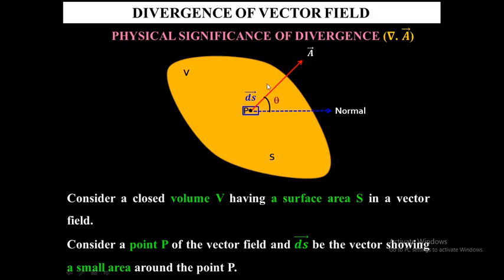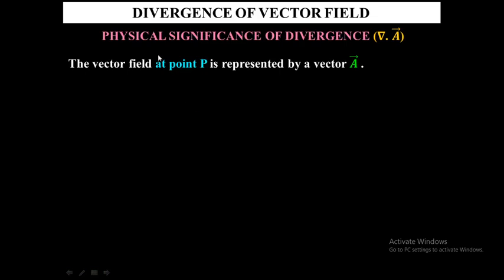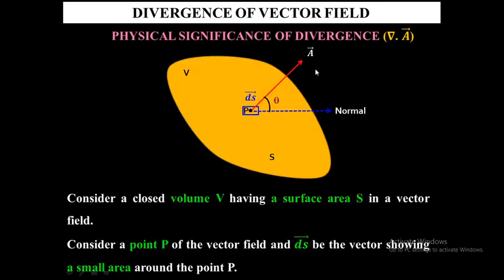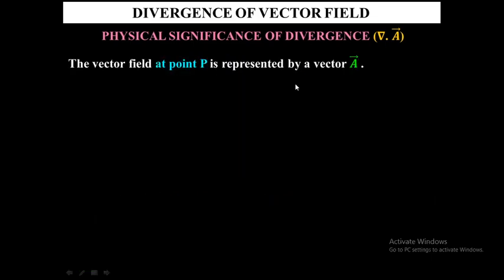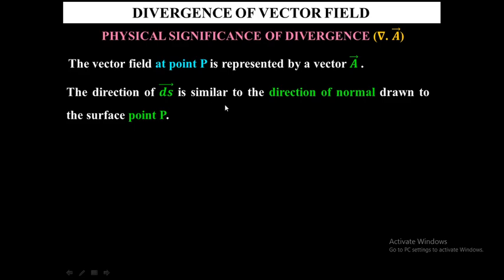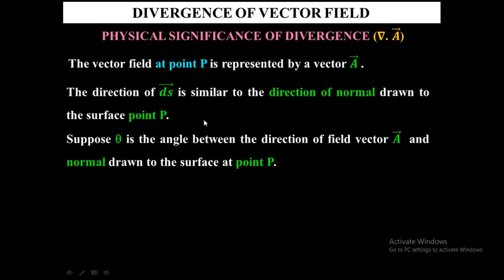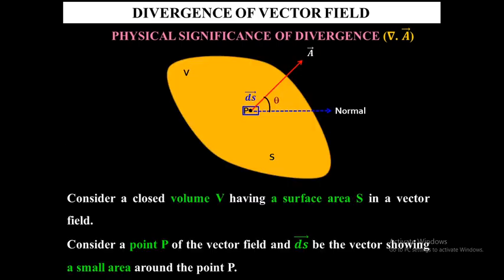Now consider a point P in a vector field and ds be the vector showing small area around the point P. Okay, and the vector field at point P is represented by the vector A. We have already discussed the vector field at point P is vector A. Okay, and the direction of ds is similar to the direction of normal drawn to the surface at point P. Okay, and theta is the angle between the direction of vector field A and normal drawn to the surface at point P. Okay, now we see this is the small area around the point P.